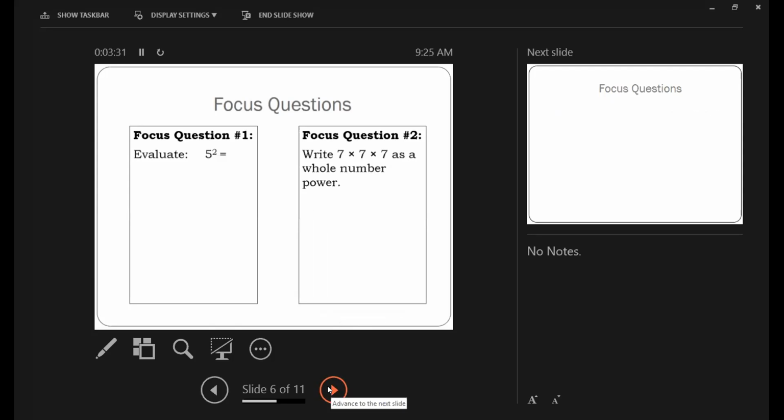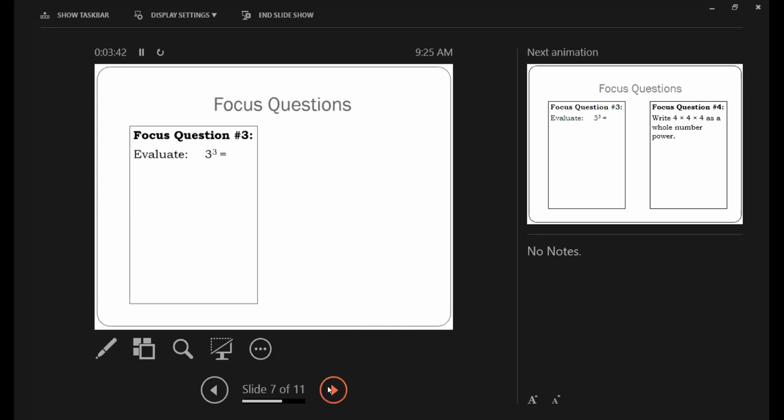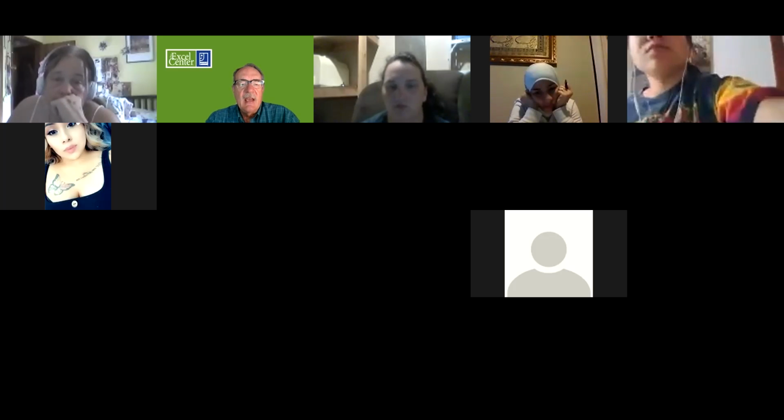For instance, if you're talking about space and the distance between the planets or Earth and the stars, you're going to use exponents because the numbers are so big. 3 to the third power is going to be 3 times 3 times 3. Well, 3 times 3 is 9, times 3 again is 27. I don't expect you to know that necessarily off the top of your head, but after a while you get used to it. So hopefully that helps you see how these exponents work.